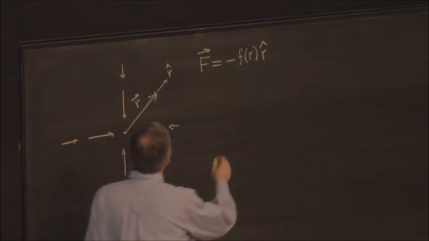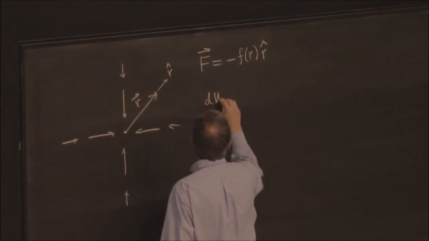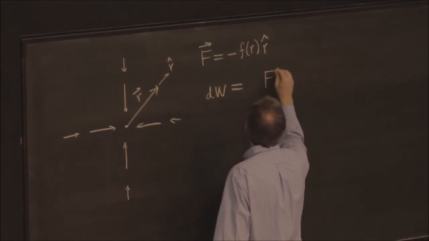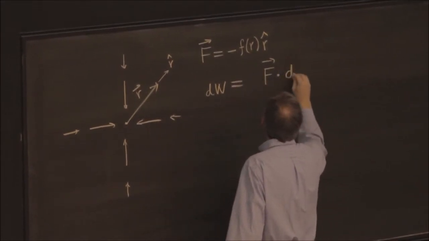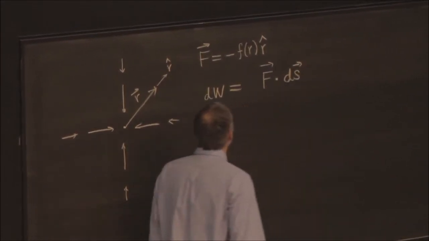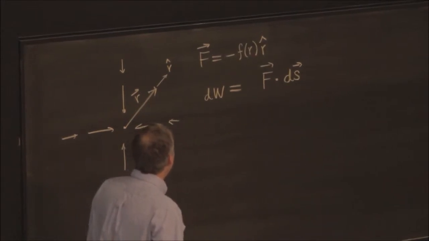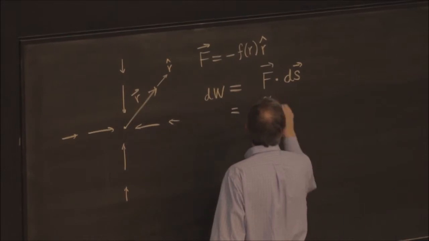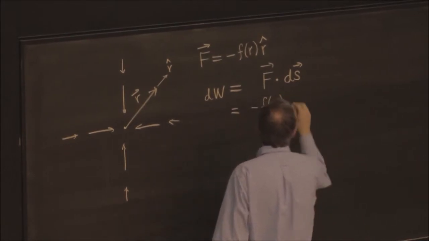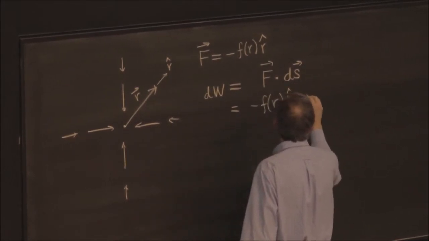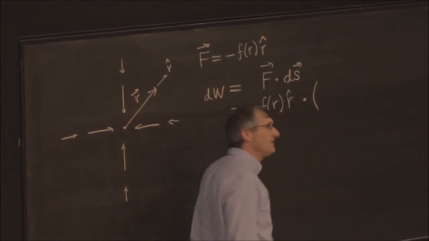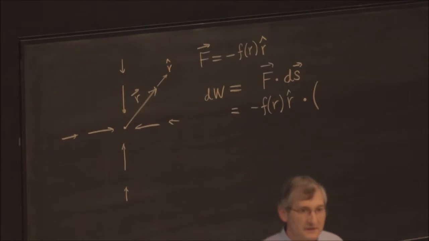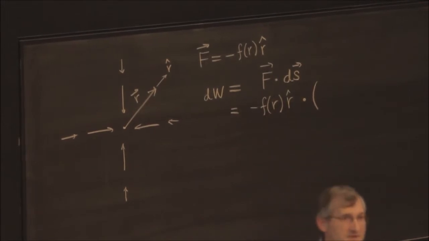So in order to figure this out, dW is still equal to F dot ds. But I can write F as minus some crazy function of r in the r hat direction. And how do I write ds in nasty polar coordinates?